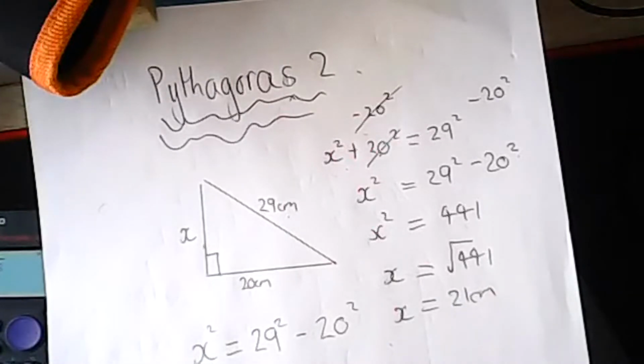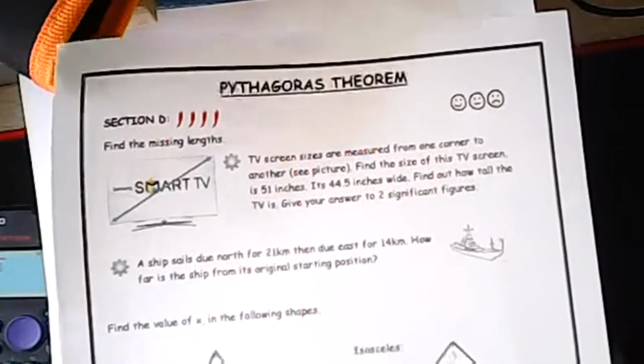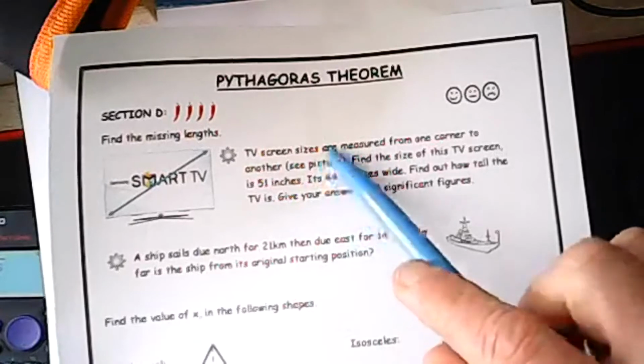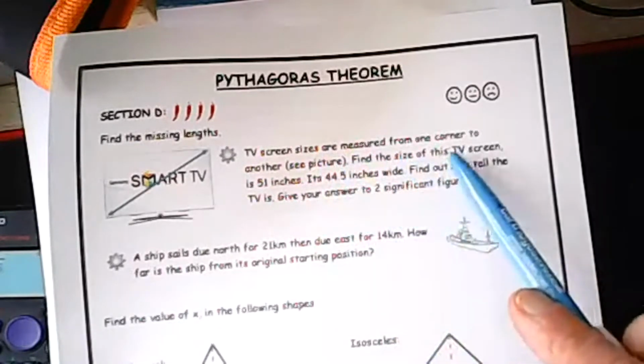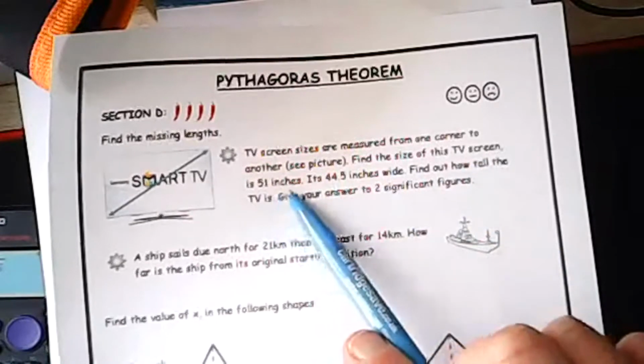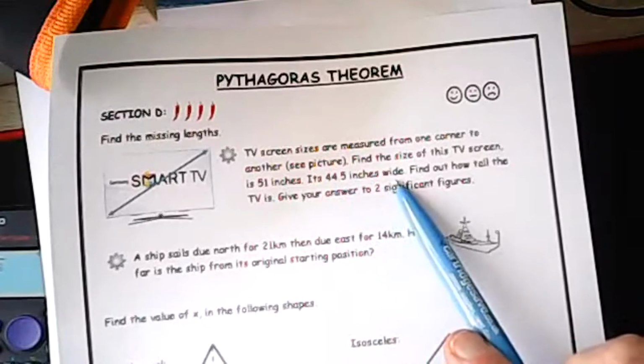Okay, brilliant. So let's have another look at some questions here. I want you to focus in on this problem solving question. TV screens are measured from one corner to another. Find the size of this TV screen. It's 51 inches. It's 44.5 inches wide.